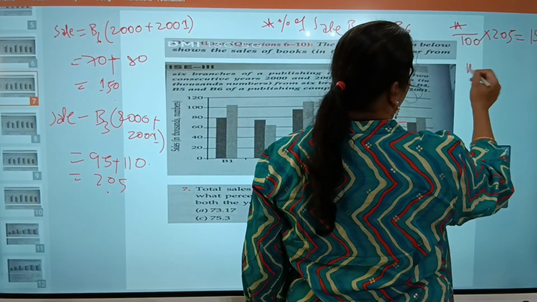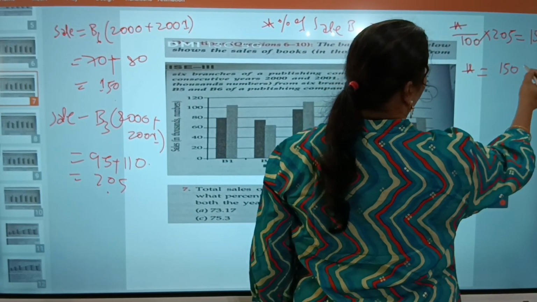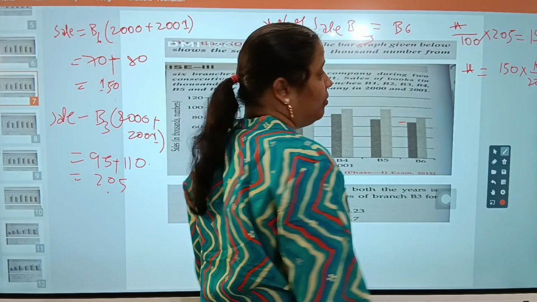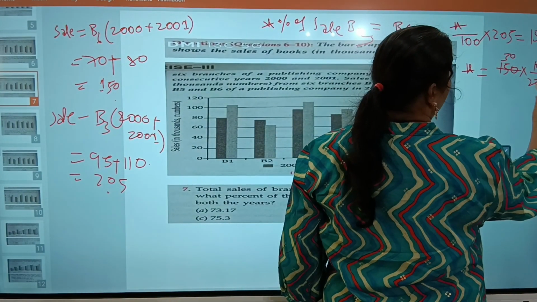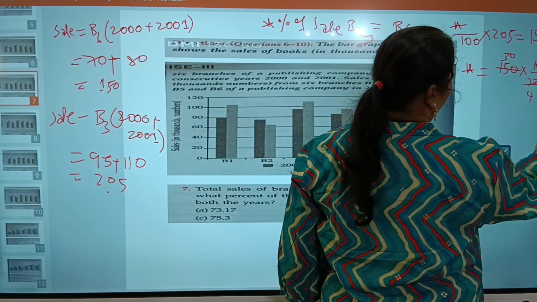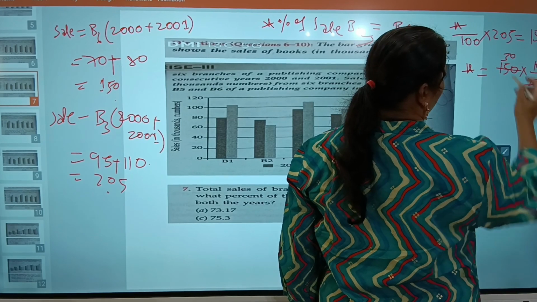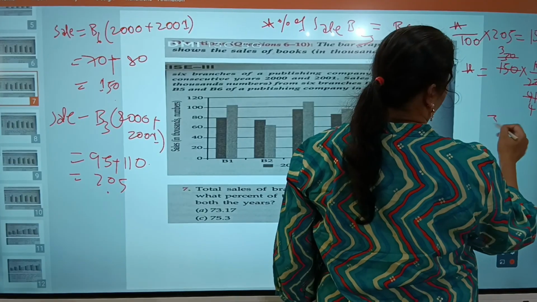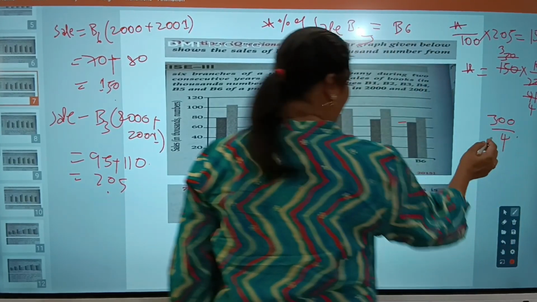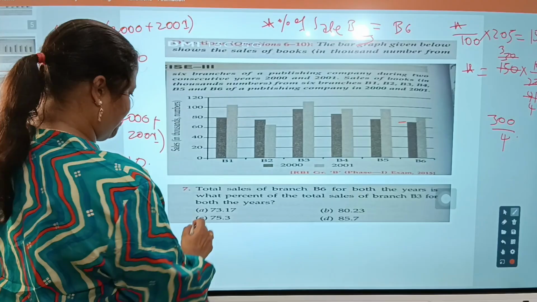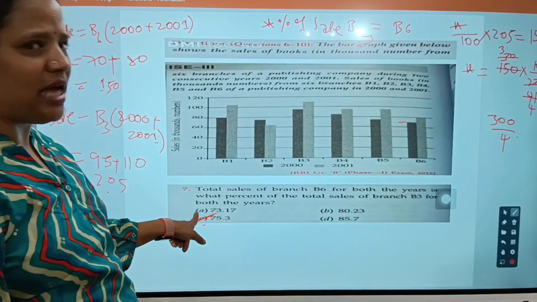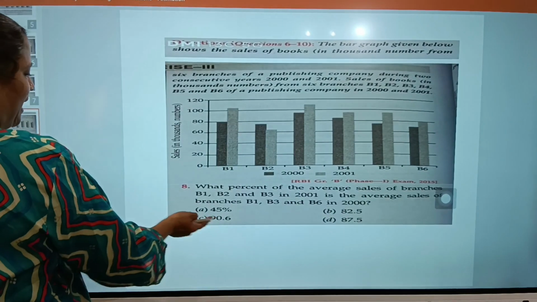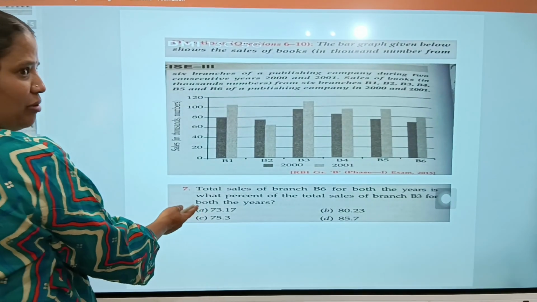So X is equal to 150 into 100 by 200, approximately. So 300 by 4. It will come around 75% approx. So C will be the answer. If you want to make it accurate, then you can do the division accurately. Then you will get the next probable answer, A. That's all.